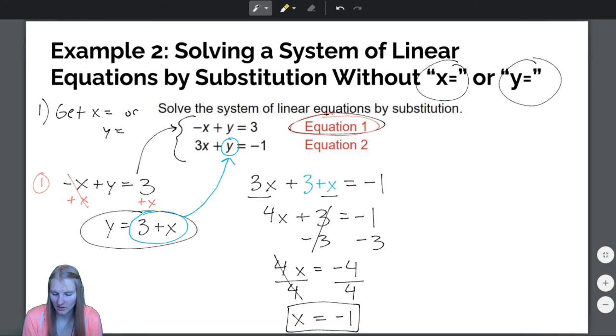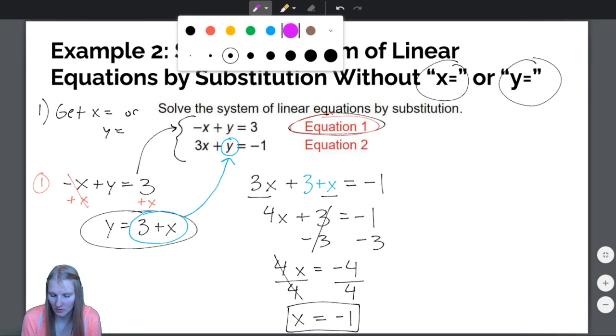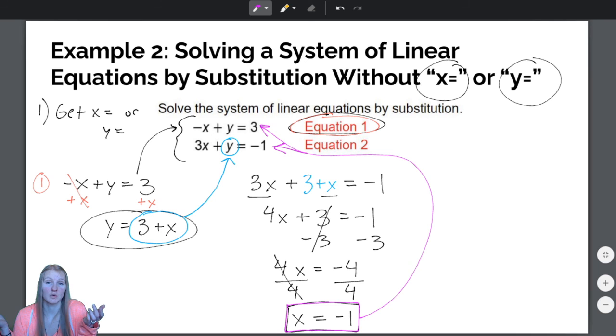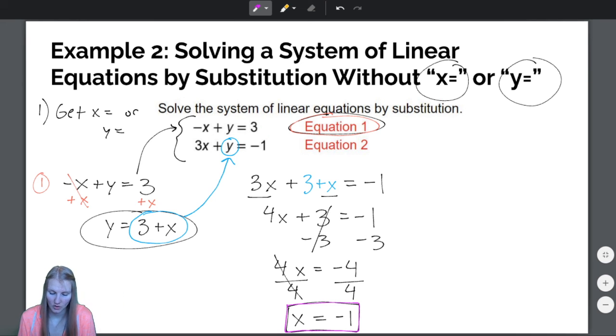Now, what I'm going to do with x equals -1 is step number 3. I'm going to plug it into one of my original equations. So I can plug it into equation 1, or I can plug it into equation number 2. Whatever's going to be easiest. So, let's see. The x is negative in equation number 1.